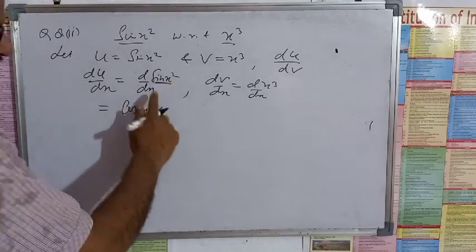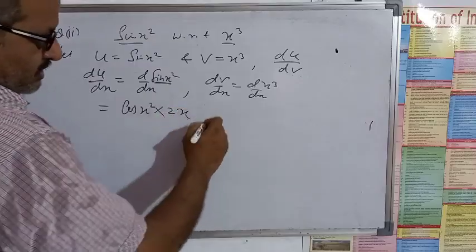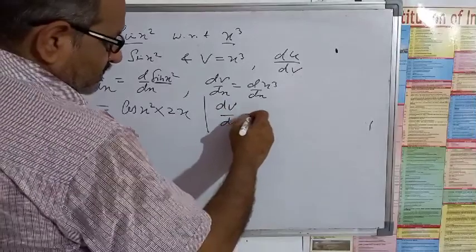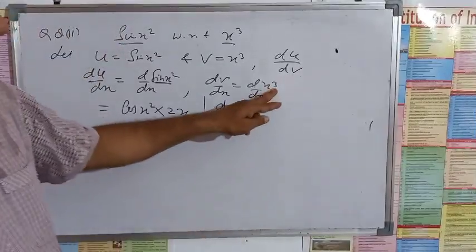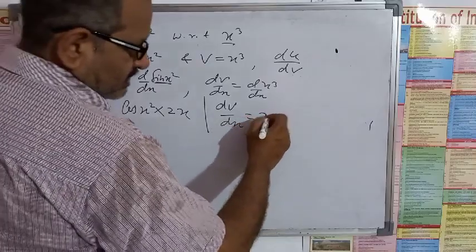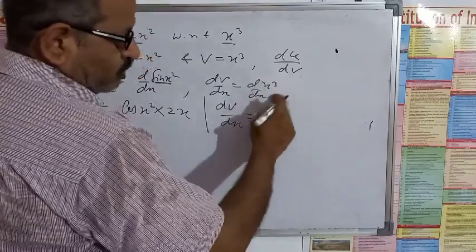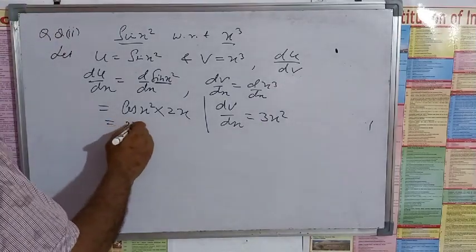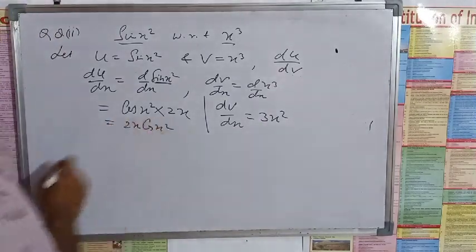X square derivative is 2x. dv by dx: what is the derivative of x cube? X cube derivative is 3x square, 3 into x to the power 3 minus 1. So du by dx is 2x cos x square.